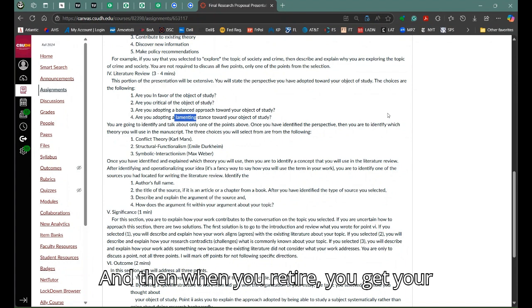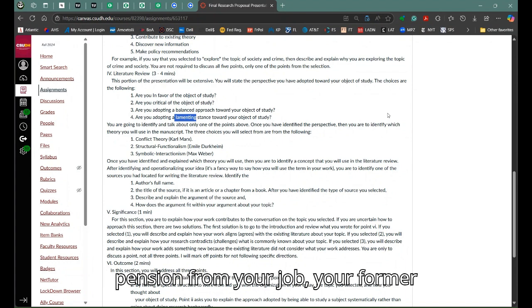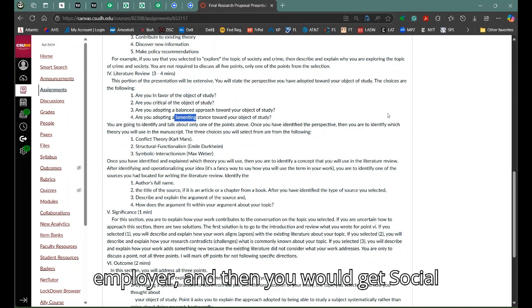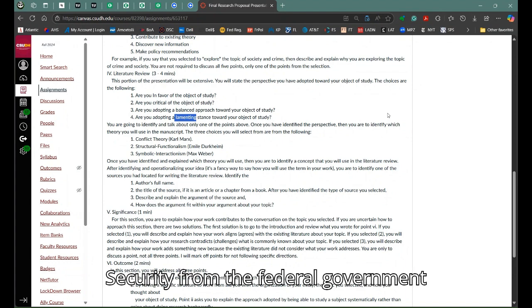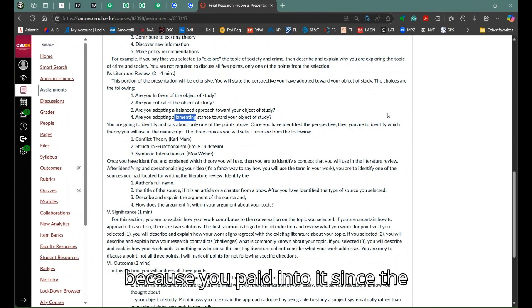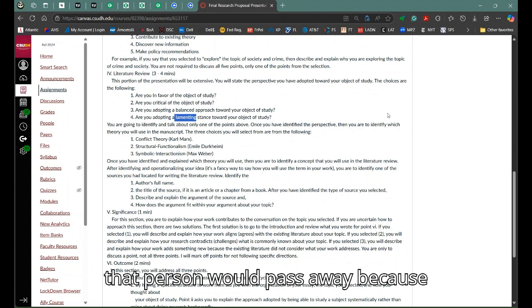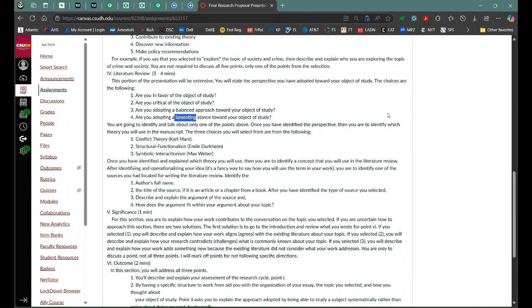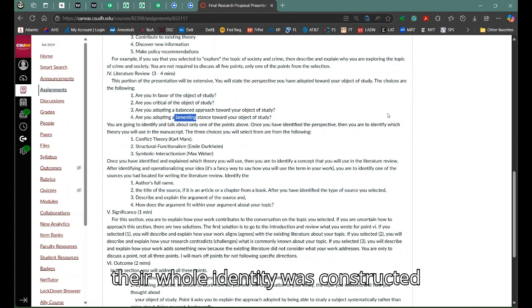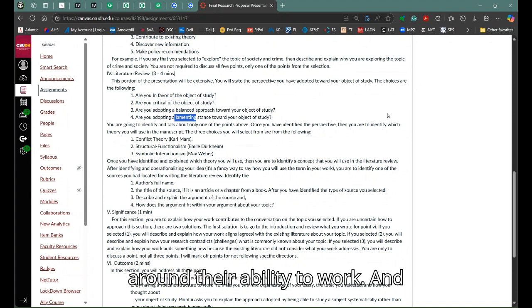And then when you retire, you get your pension from your former employer, and then you would get Social Security from the federal government because you paid into it since whenever you started working for the company or the companies. And then within a year, that person would pass away because their whole identity was constructed around their ability to work.